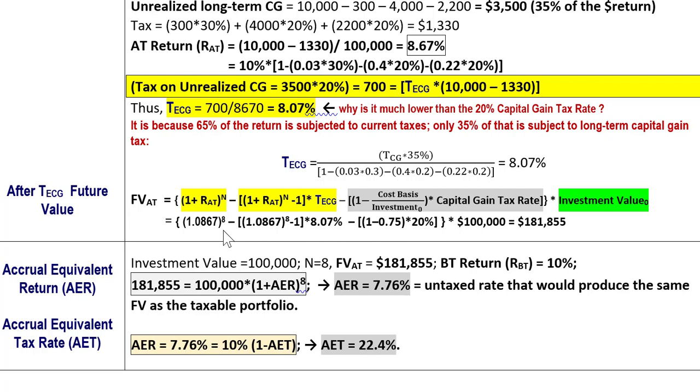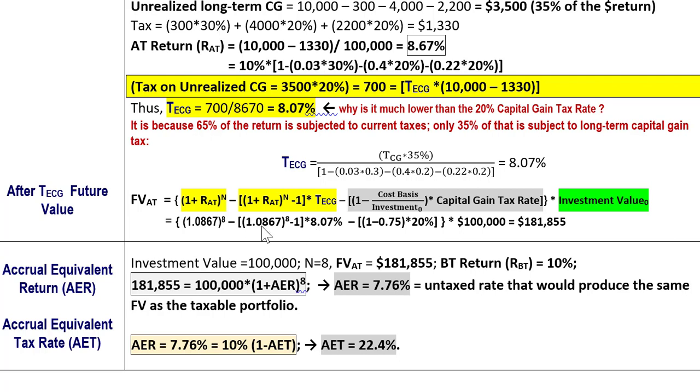So all this adjustment here, most likely, right? The third part, the third element for the cost-based adjustment, tends to be zero. In the examination, I usually will assume this is zero. So the only adjustment is the effective capital gain tax rate.